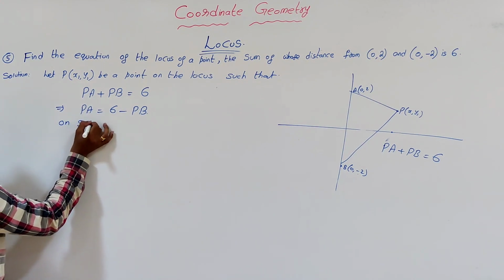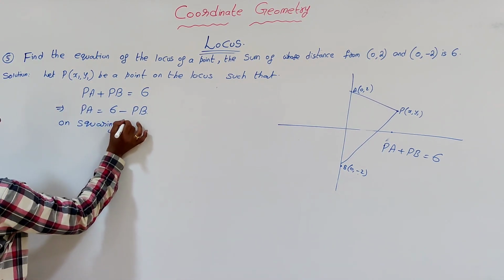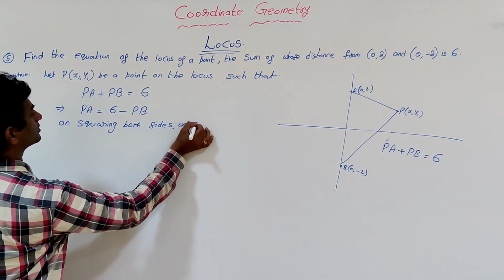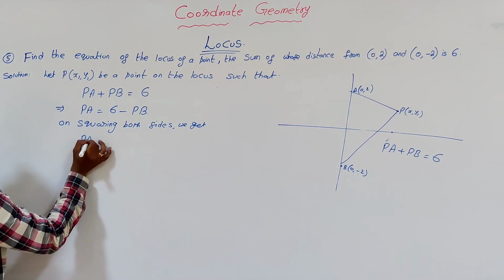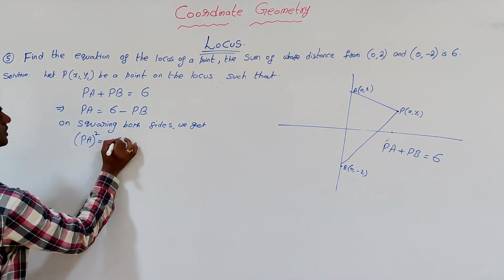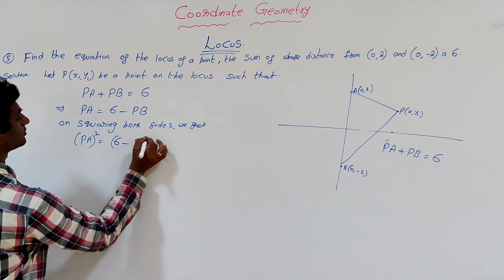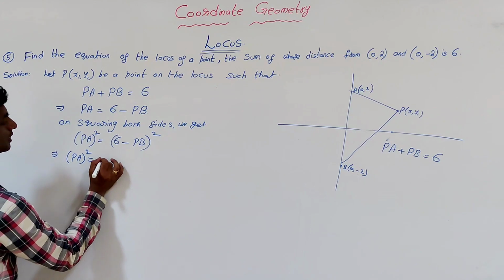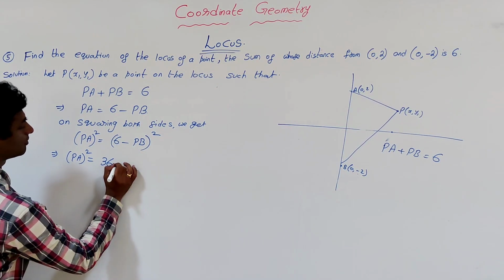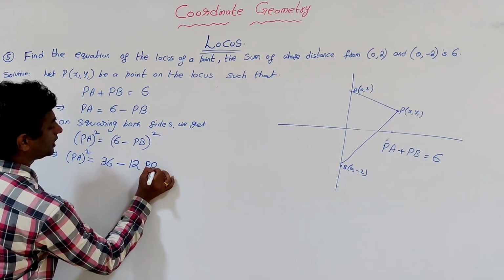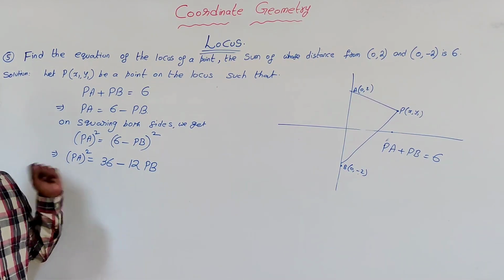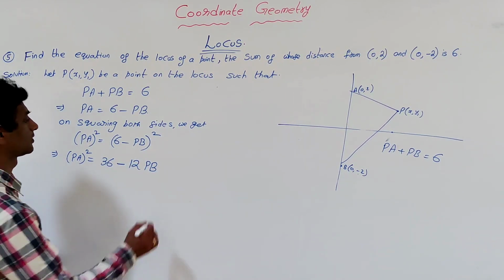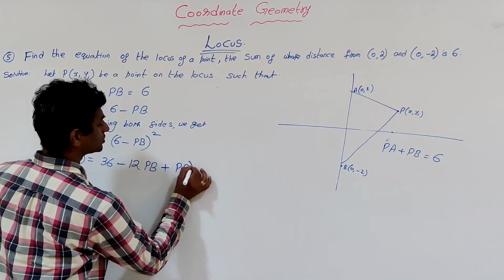On squaring both sides, we get PA whole square is equal to (6 minus PB) whole square. That is PA whole square is equal to 36 minus 12 PB plus PB whole square. It is not P into B, it is the distance PB, from the point P to the point B.